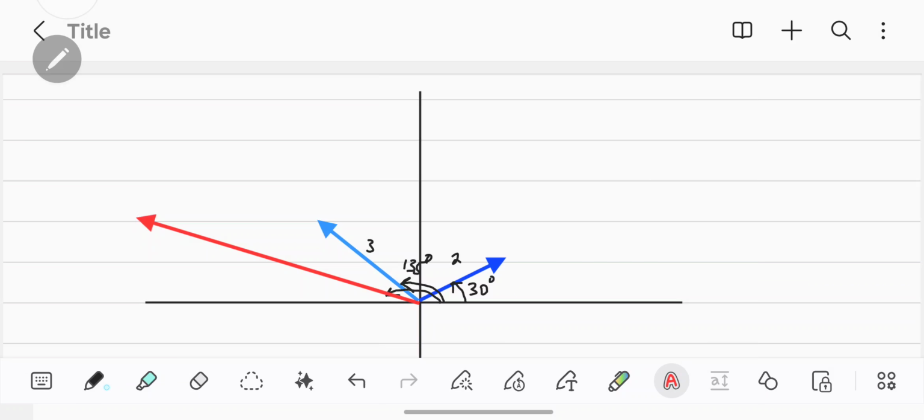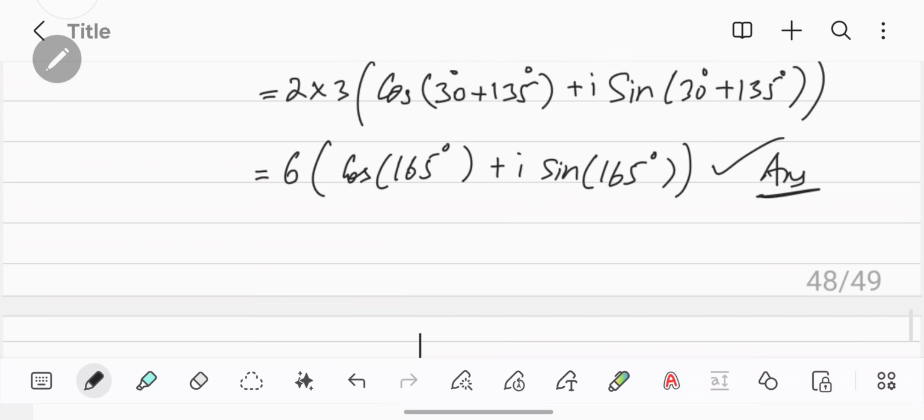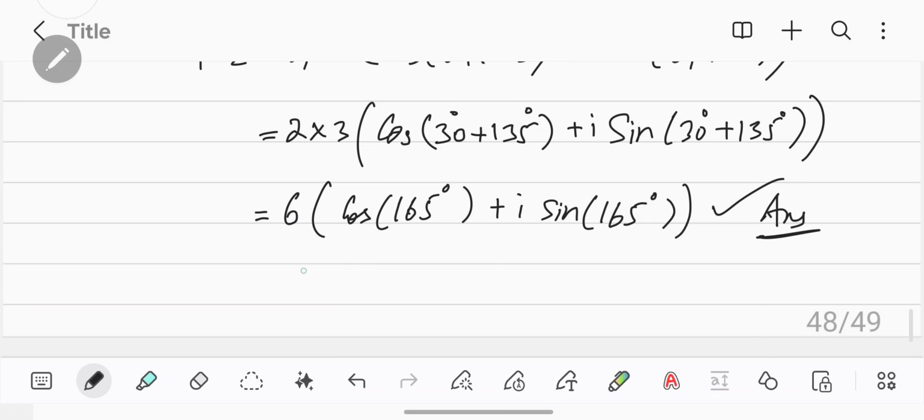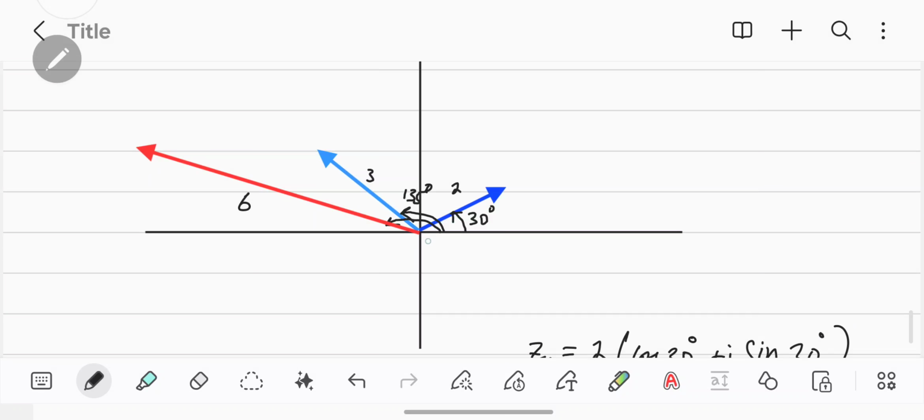You can check that its length is 6. It is 2 times the length of this one, and 3 times the length of the other, because the resultant vector has length 6 and its angle is 165.